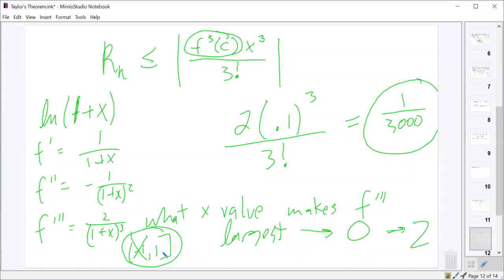Go from the center of your interval of convergence, which in this case is 0, and look for the value between 0 and the end of that interval of convergence that includes that 0.1 that's going to give you the largest value. That help?